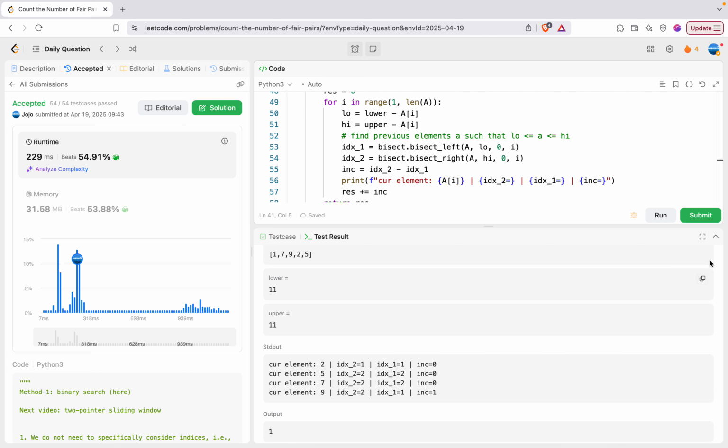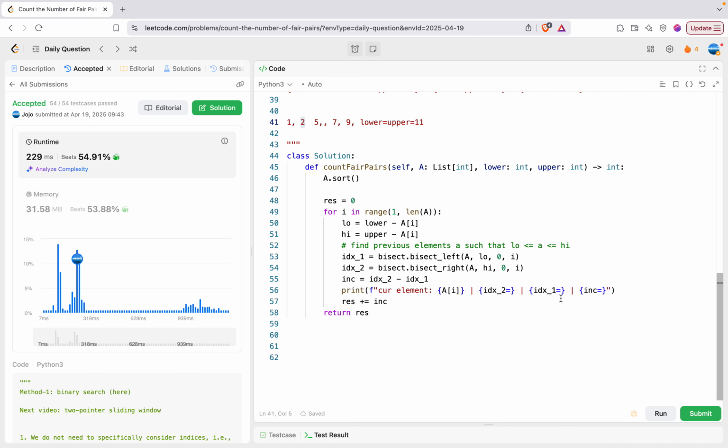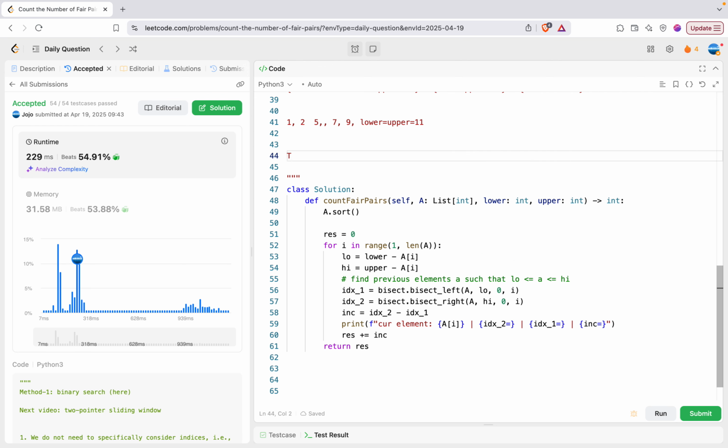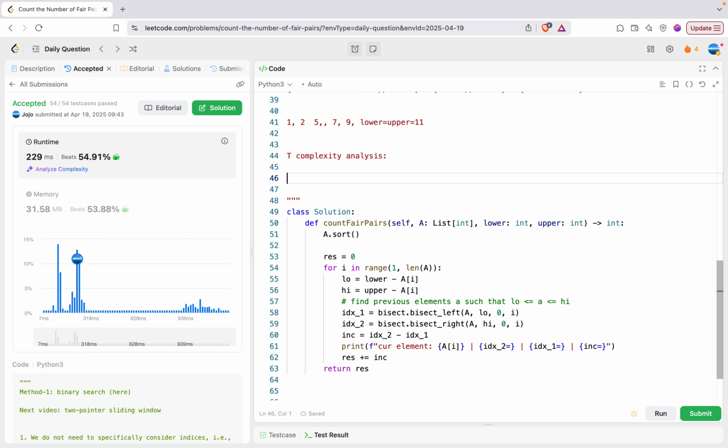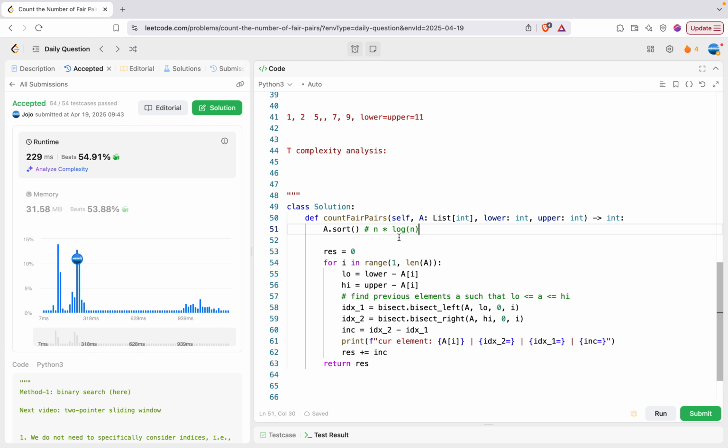So with that said, that's the first comment. Another comment is the time complexity analysis. Here first, you sort this array, so this gives you n log n, where n is the length of this array.